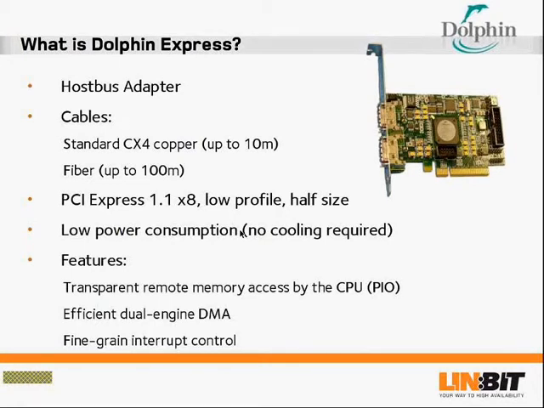It also has very efficient DMA engines for bulk transfers, and it provides means to have very fine-grained interrupt control to avoid sending and processing interrupts when not needed, which is a major problem for heavy load scenarios if you create too many interrupts.